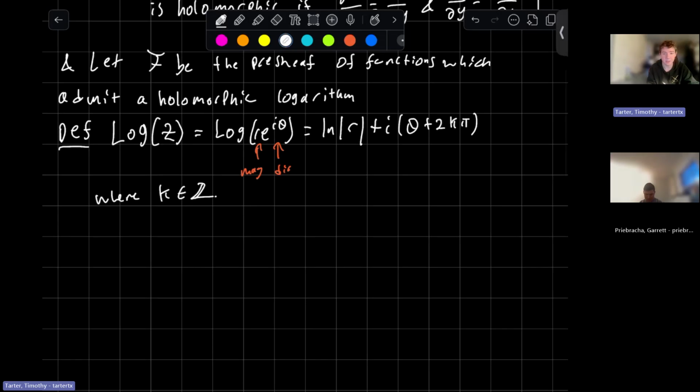So for each k in Z, we have a branch in the complex direction. So the principal branch is the one where k is 0, and this is typically what we're interested in.